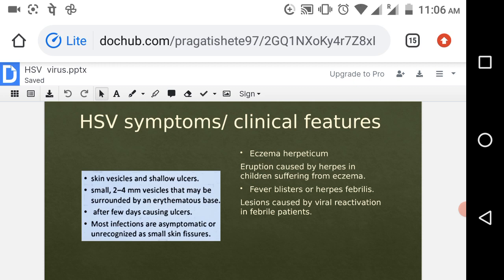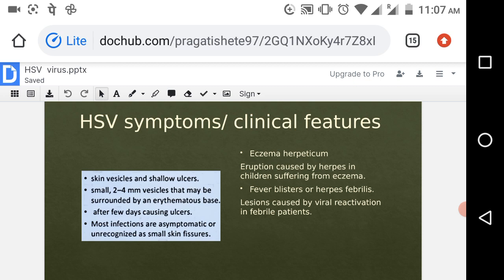In cutaneous infection, the most common sites are the face: cheeks, chin, around the mouth, or on the forehead.